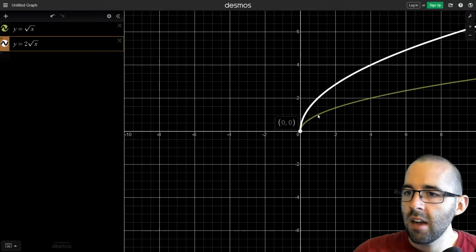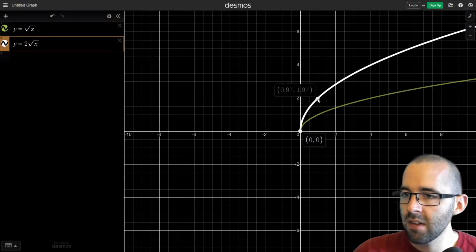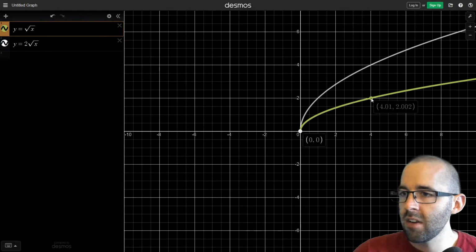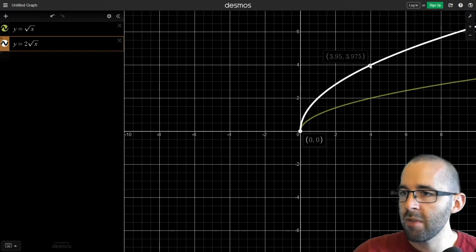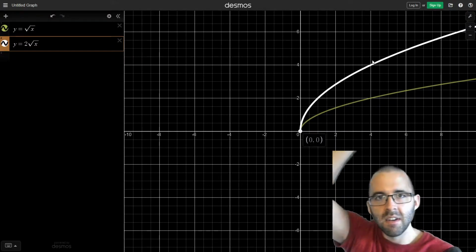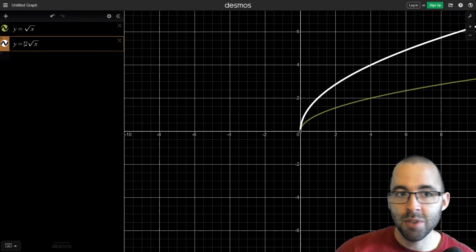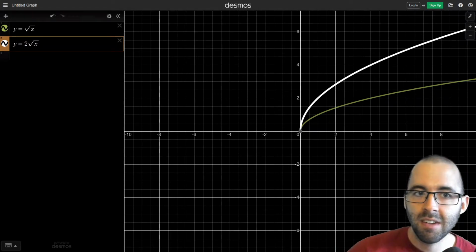Over here we are at 1, 1. If we stretch that graph, it should double that y value, and it does. We've got the point 1, 2 up here, and 4, 2 becomes 4, 4. All the y values are doubled. We are stretching that graph vertically.